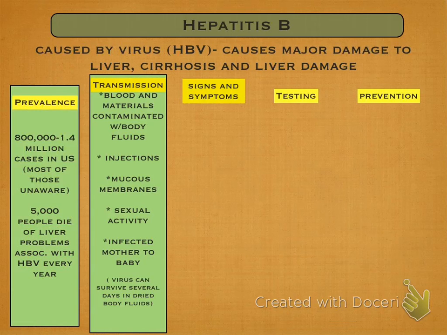Okay, here's the problem with the hepatitis viruses. They can live outside the body in dried body fluid for several days. So let's say, for the sake of athletes, a football player gets his lip busted, goes to the locker room, uses a towel, has blood on the towel, lays the towel down.